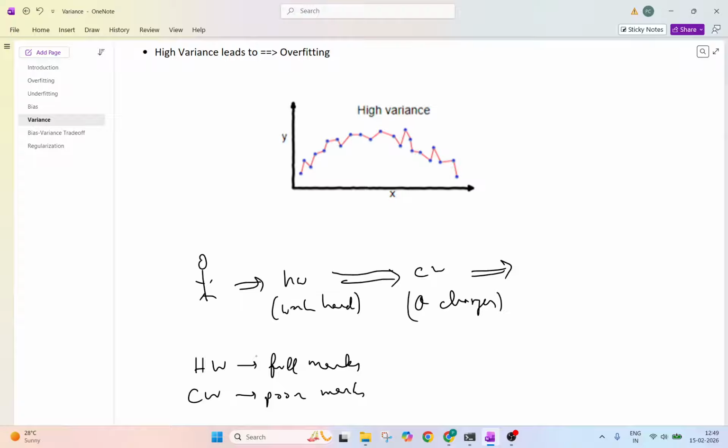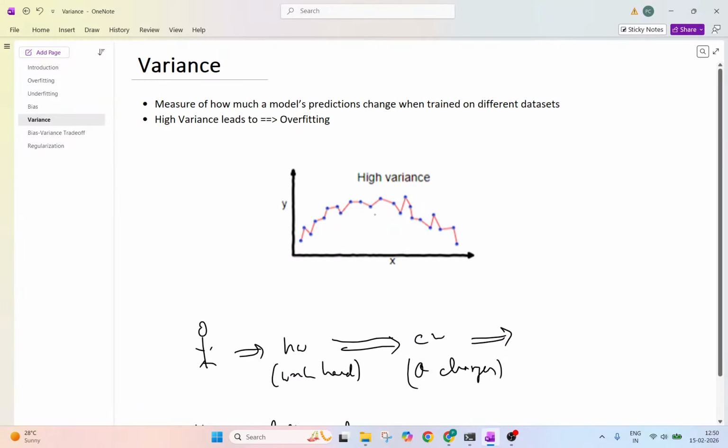The model fits the training data too well and fails on the new data set. This is the training data set, and this is how the points are. The model overfits. It fits all the points in the training data set. But when it encounters unseen data, it performs poorly. This is exactly what happens when we have high variance. So high variance leads to overfitting, right?